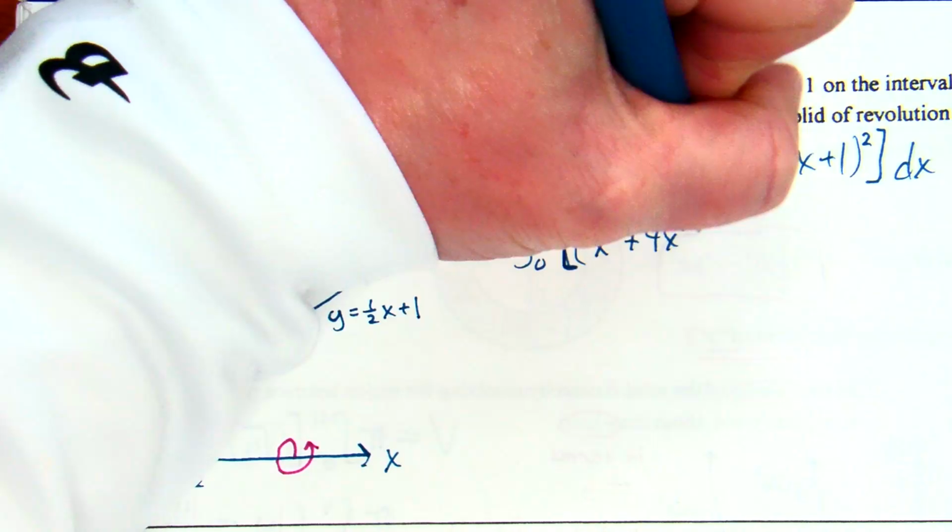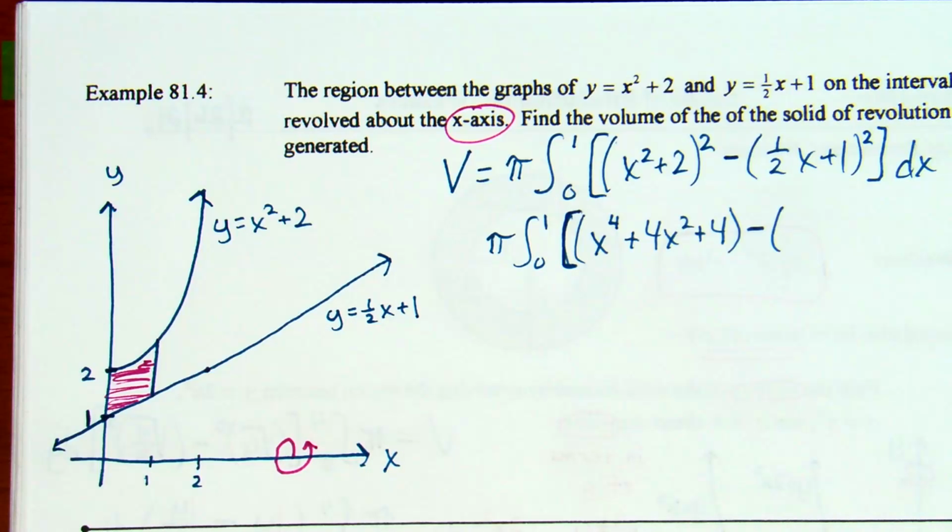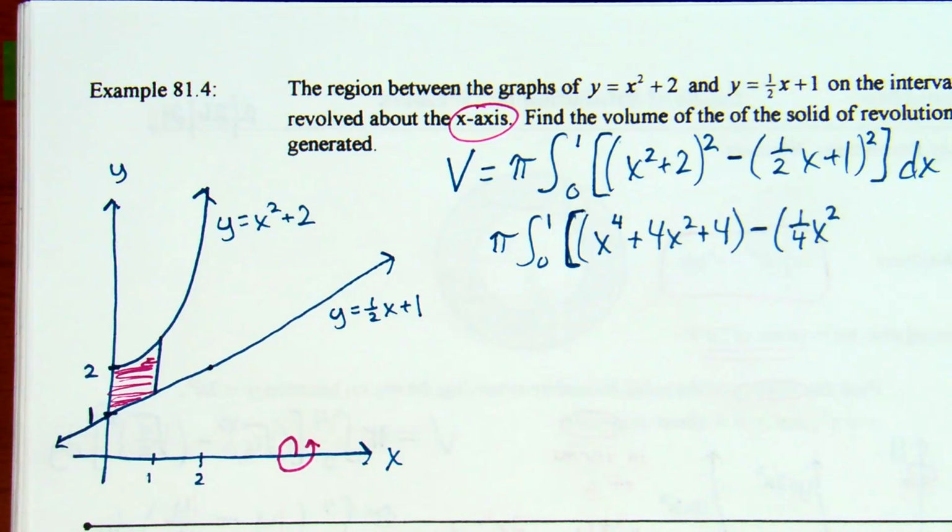So if you go ahead and write it without parentheses, minus carefully. I can't even get it right. 1/2 x times 1/2 x is 1/4 x squared. 1/2 x times 1 and another 1/2 x times 1 is just 1x, plus 1 times 1 is 1.